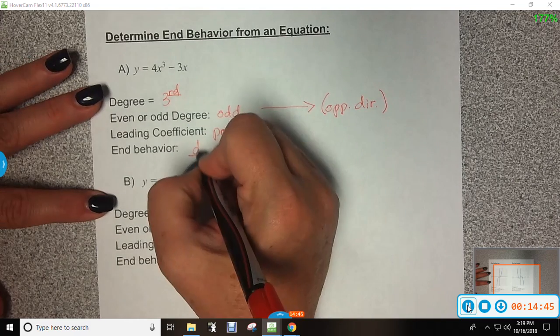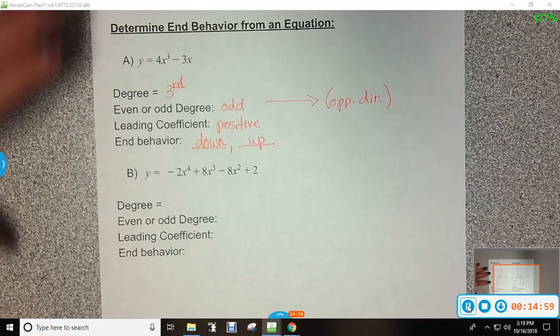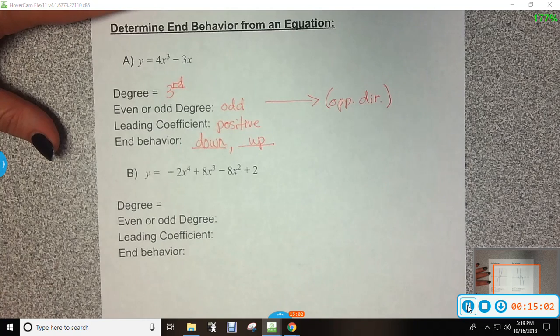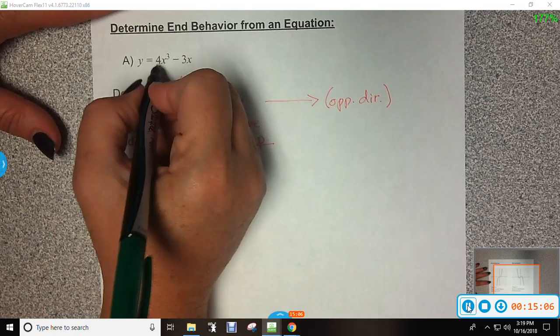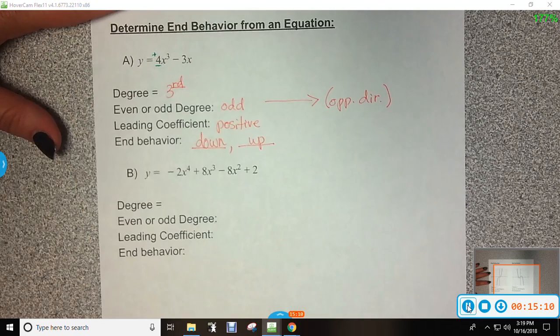Down. You have to make sure you do them in the right order, which is why most of the time I draw those little blanks on my paper so I make sure I do them correctly. Because this 4 is my leading coefficient, and it's positive, that's how I decided.